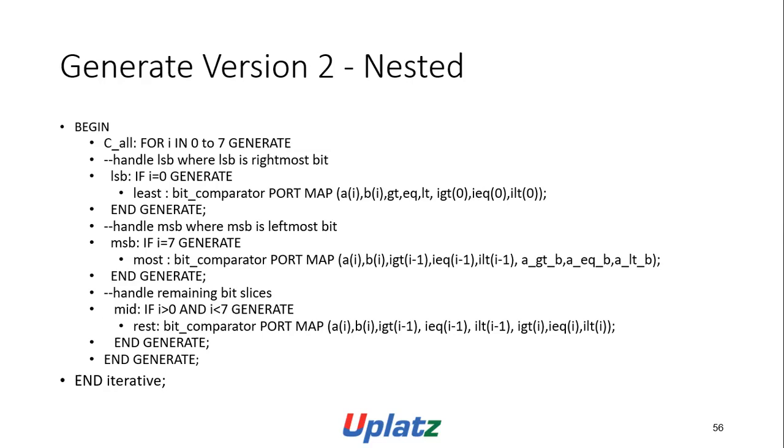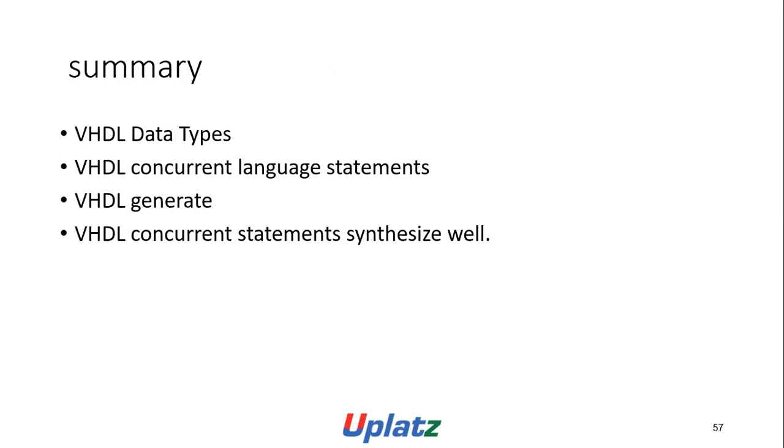Handle MSB, where MSB is the leftmost bit: MSB, if I equal to 7 generate, most bit comparator port map AI, BI, IGT I minus 1, IEQ I minus 1, ILT I minus 1, A greater than B, A equal to B, A less than B, end generate. Handle the remaining bit slices, mid: if I greater than 0 and I less than 7 generate, rest bit comparator port map AI, BI, IGT I minus 1, IEQ I minus 1, ILT I minus 1, IGT I, IEQ I, ILT I, end generate, and iterative.